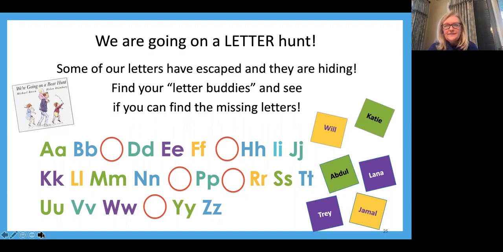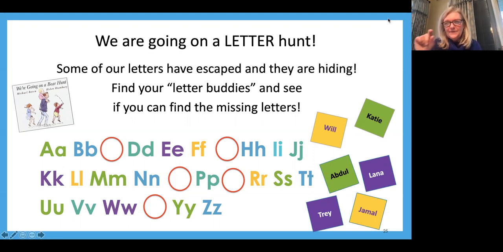Think about all those fun things you do, like taking the book We're Going on a Bear Hunt and going on a letter hunt. If you have the alphabet up, on certain days have certain letters missing, and make a big deal out of the fact that the letters have escaped and they're hiding. So find your letter buddy and see if you can find the missing letters.